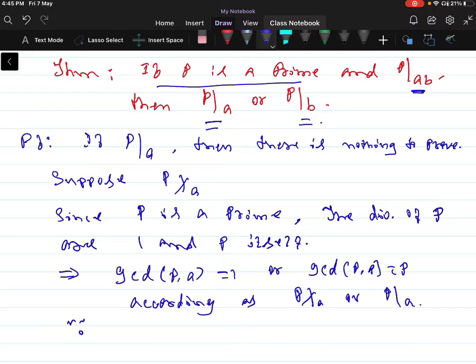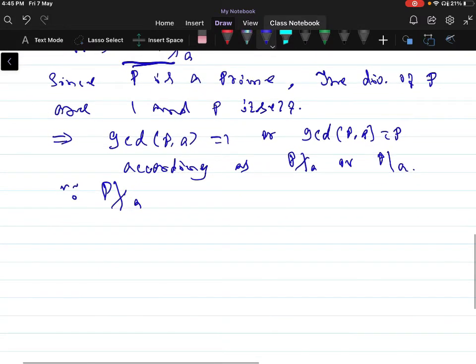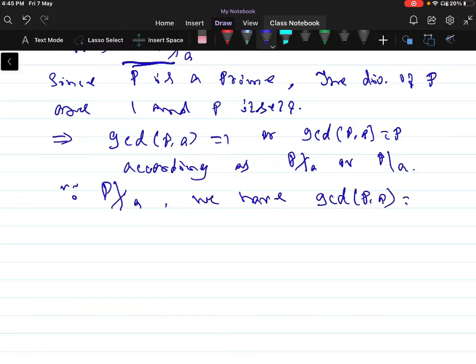Since p does not divide a, because we assumed that p does not divide a, then we have GCD of p comma a is equal to 1.